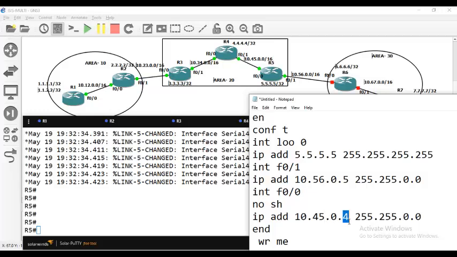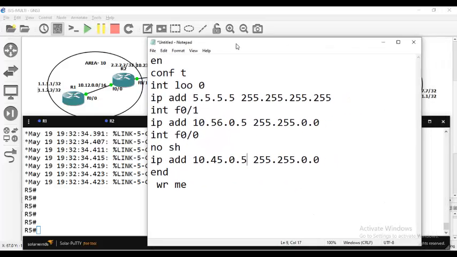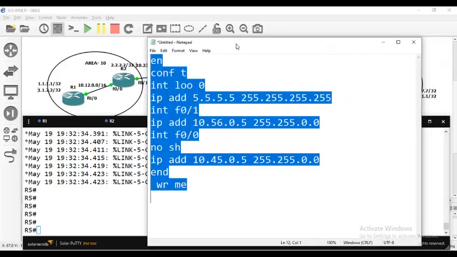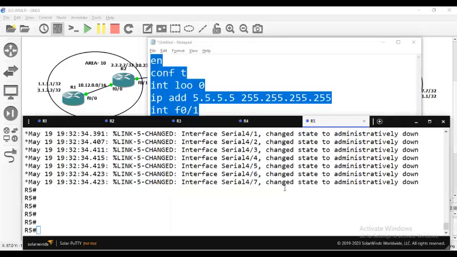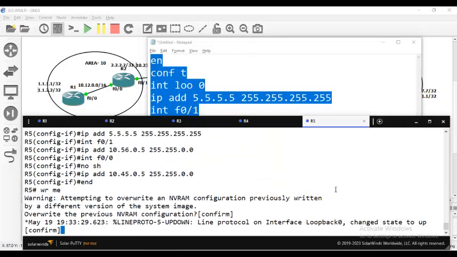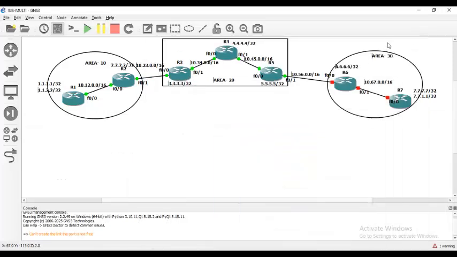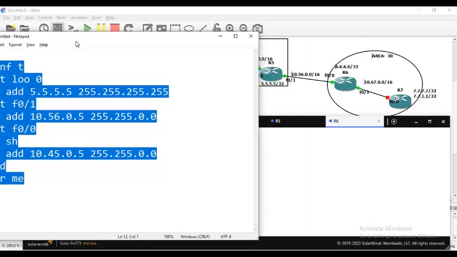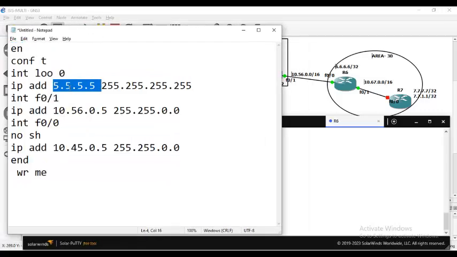It's done. 6. F00 has got 56.6. F01 has got 67.6.